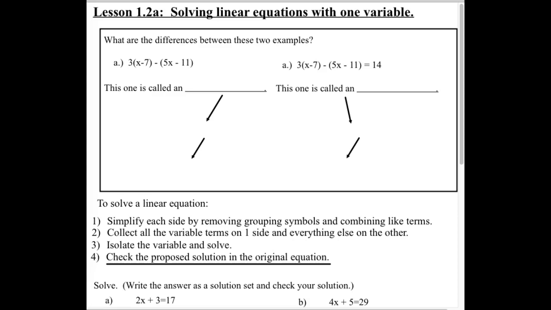All right. So what is the difference between these two examples, the one on the left versus the one on the right? What do you see that's different about them? Okay, the one on the right, there's an equal sign. What do we call it if there's an equal sign?